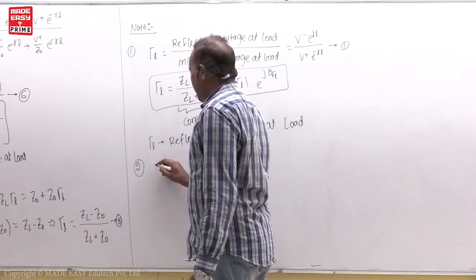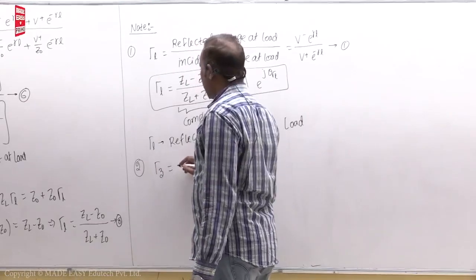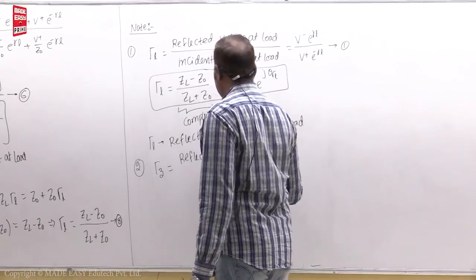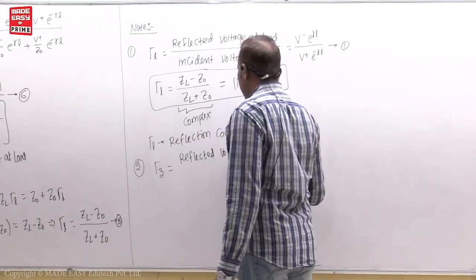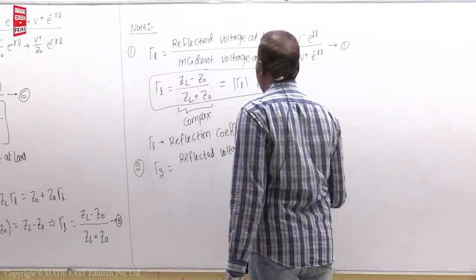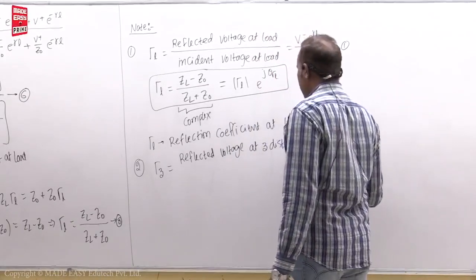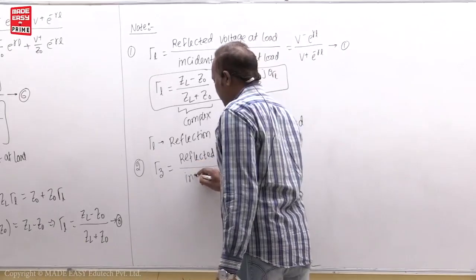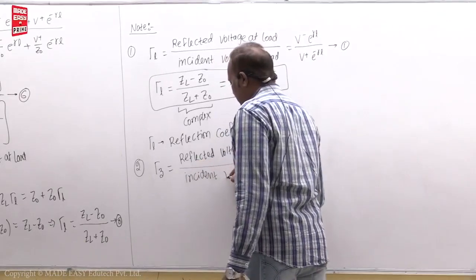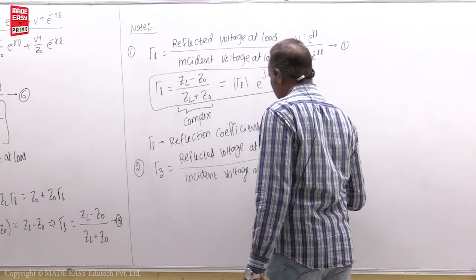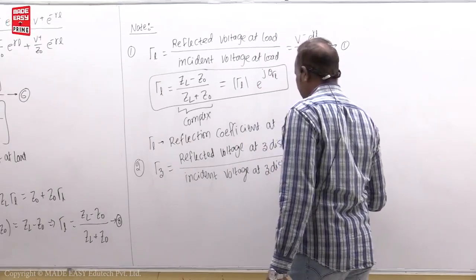Next, gamma Z is nothing but the reflected voltage at Z distance divided by the incident voltage at Z distance.